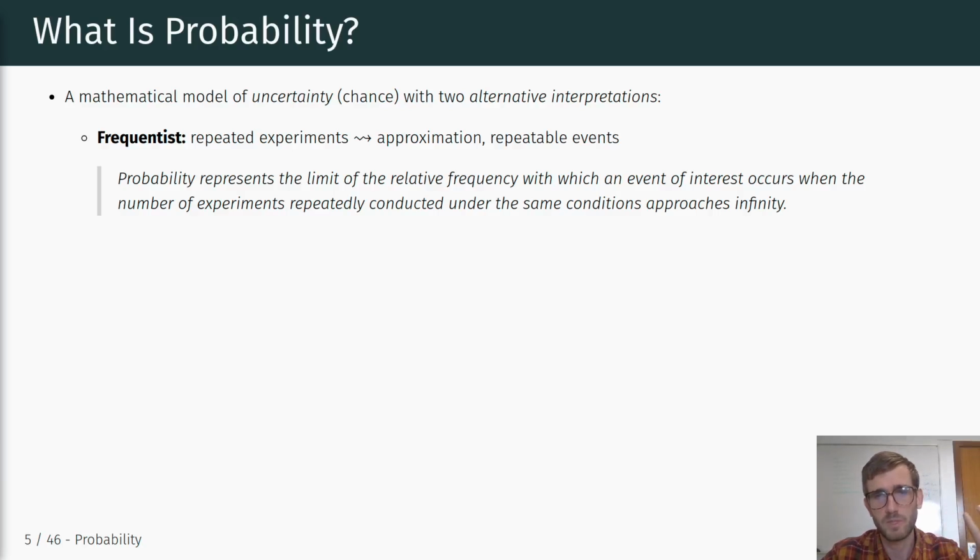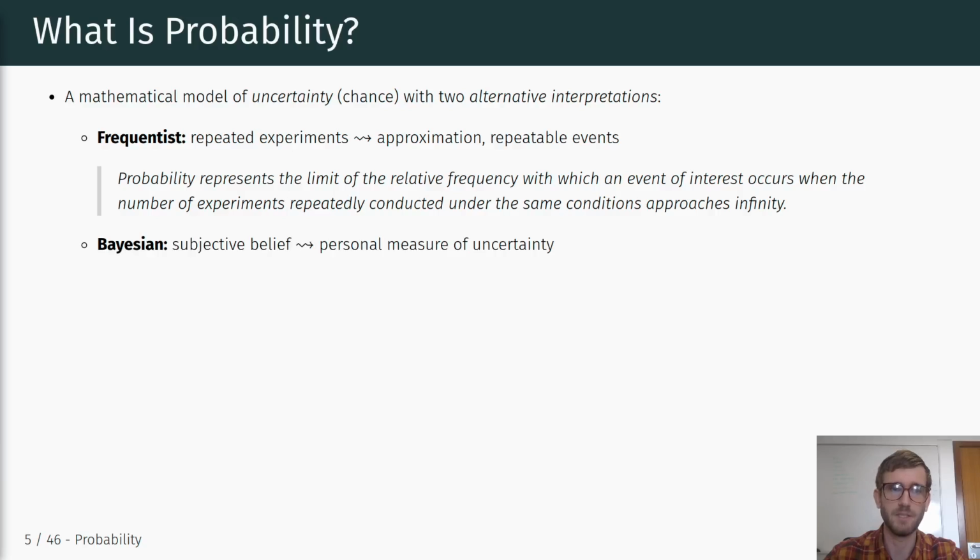Of course, there are ways around that. We can think about parallel universes and have a thought experiment of potential repetitions of these one-time events. But of course, that requires a little bit of additional steps, right?